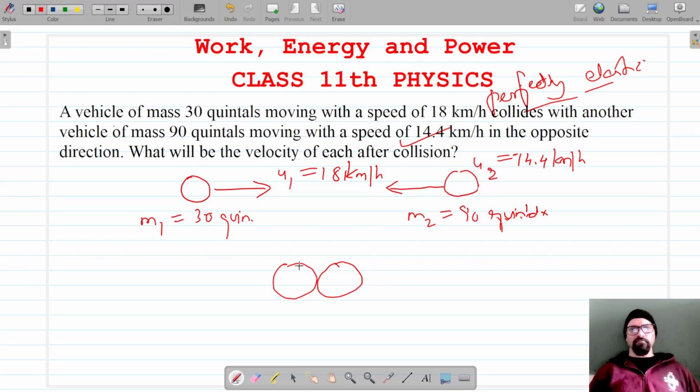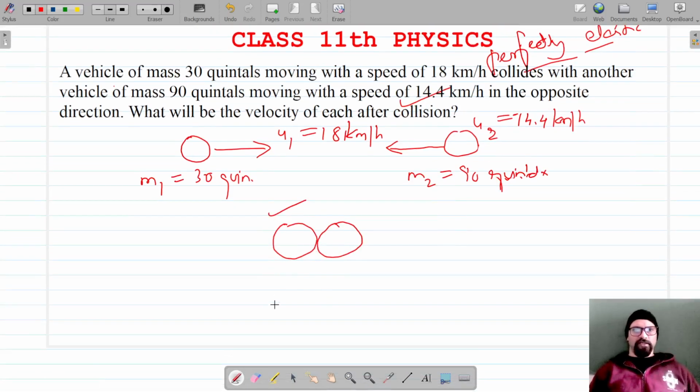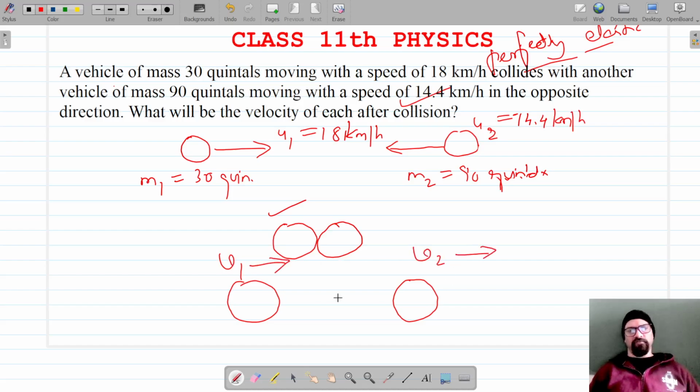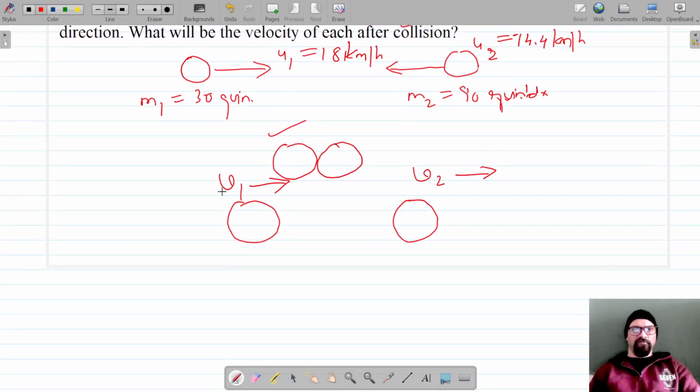After collision, let's say V1 is the velocity of the first body and V2 is the velocity of the second body, and we have to find the final velocity of both the bodies, V1 and V2.